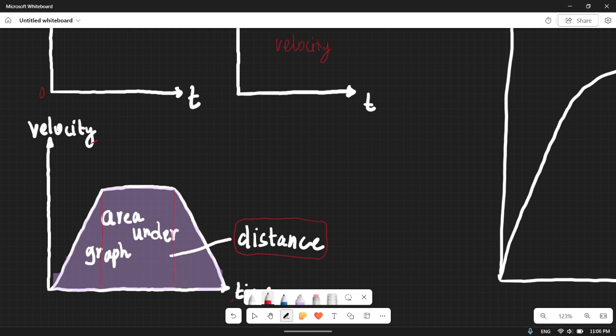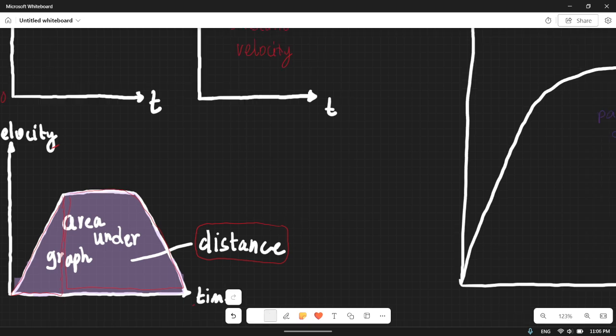Maybe you can divide it like this so it becomes one triangle, two triangles, and the third one a rectangle. Or you can take this as a triangle and the other part as a trapezium and then find the area. So there are multiple ways depending on the graph.